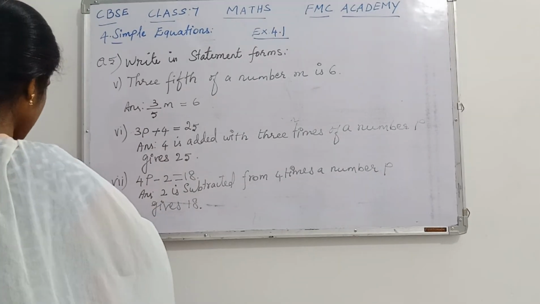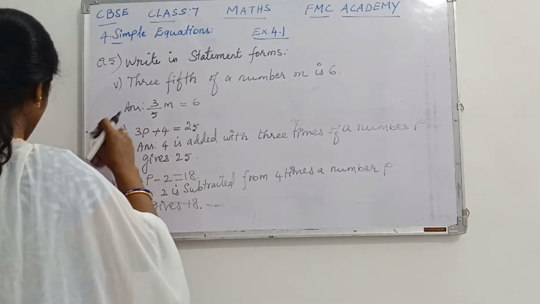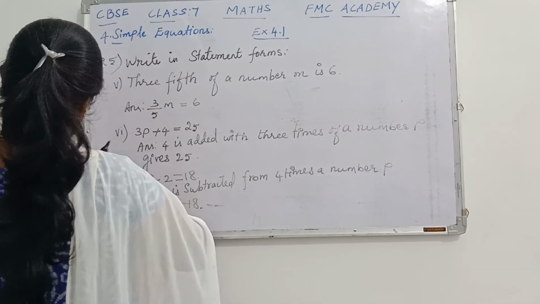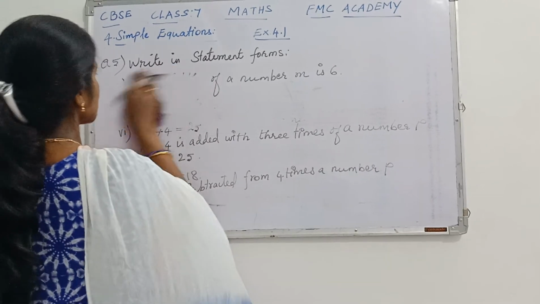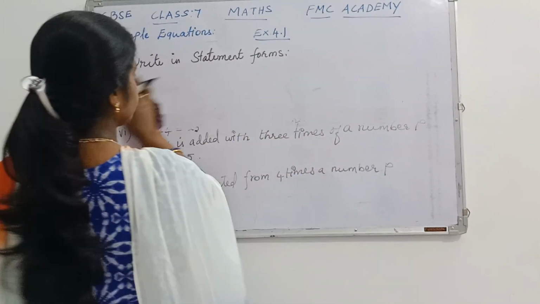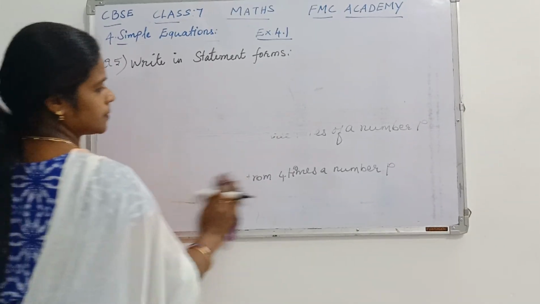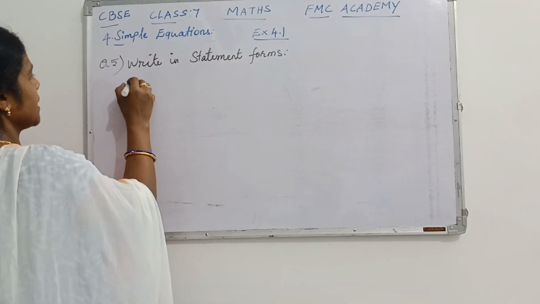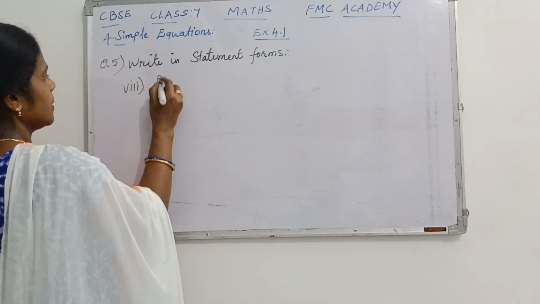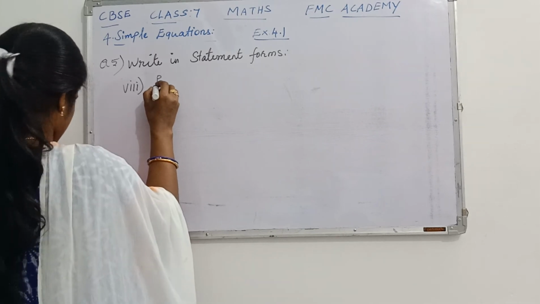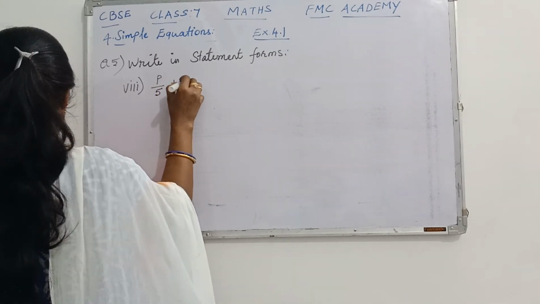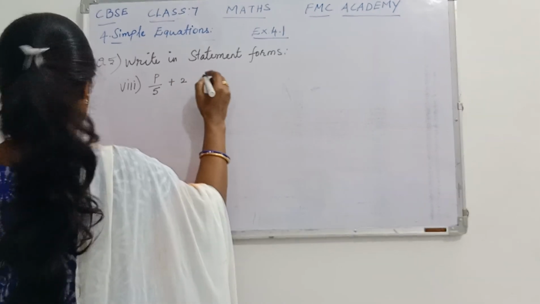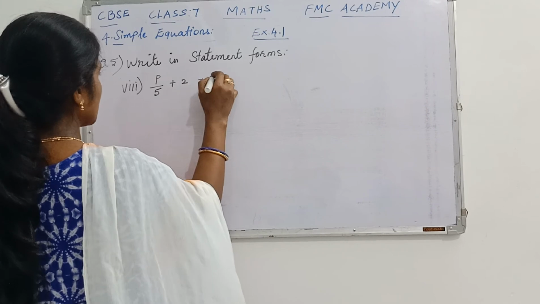Let's go to the last question, that is p by 5 plus 2 is equal to 8. Question number 8. p by 5 plus 2 is equal to 8.